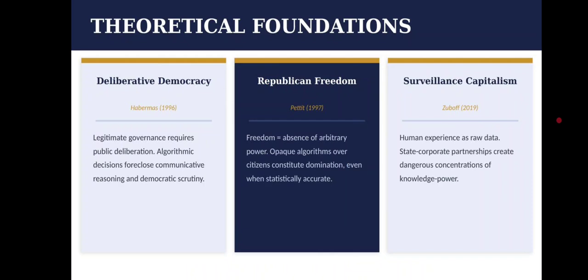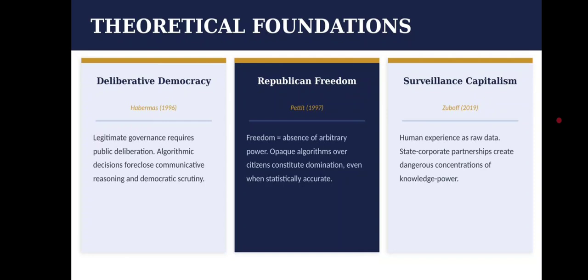To understand this tension, we look at some key theoretical foundations. First, deliberative democracy given by Habermas. It argues that governance should involve public discussion, participation, and reasoning, not just technical or automated decisions. Second, republican freedom by Pettit. This idea defines freedom as non-domination, meaning individuals should not be subject to arbitrary or unchecked power.